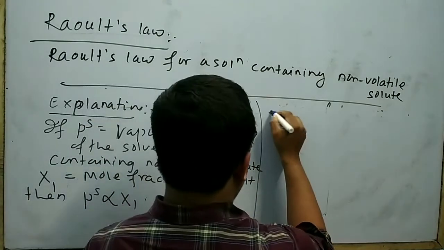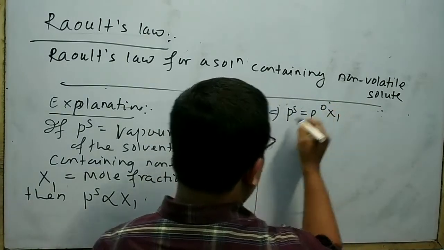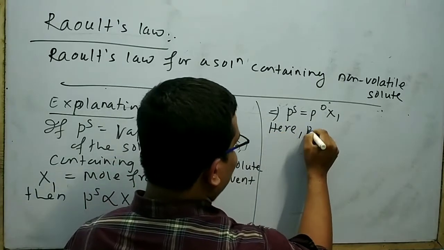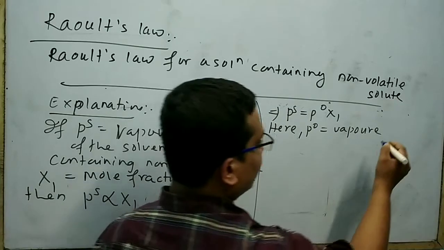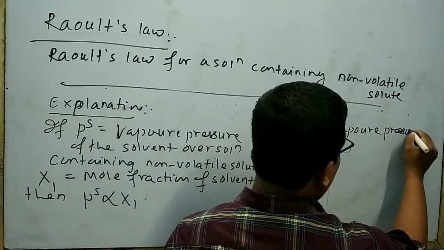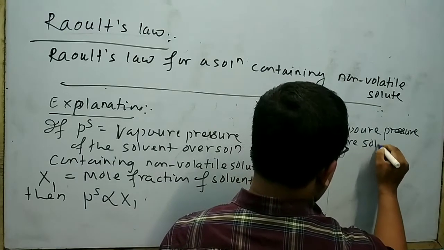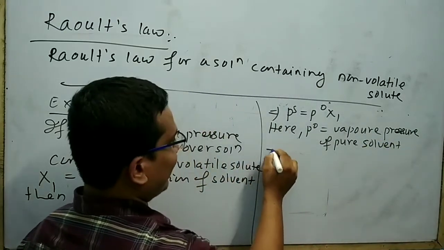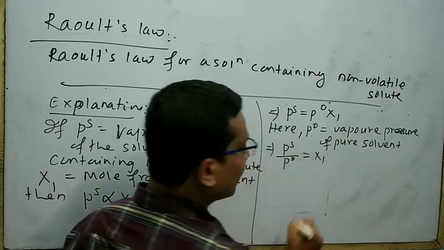That means I can write Ps equals P0 x1. Here P0 equals the vapor pressure of pure solvent. That means I can write Ps by P0 equals x1.